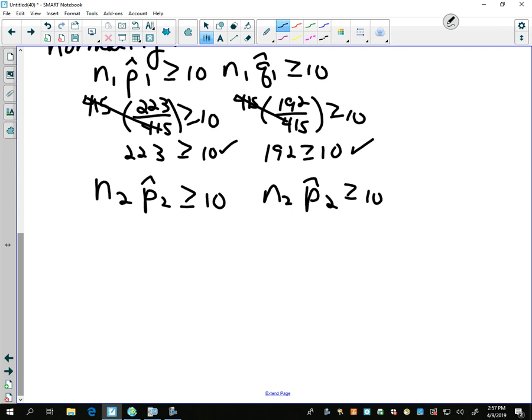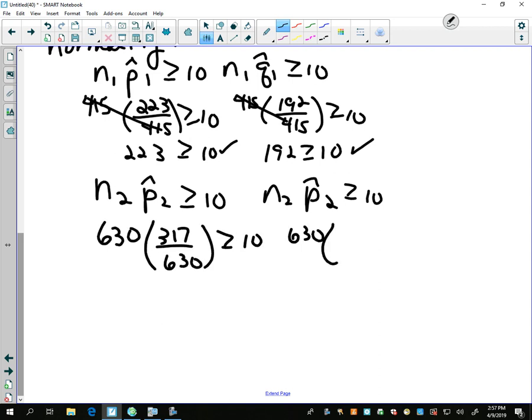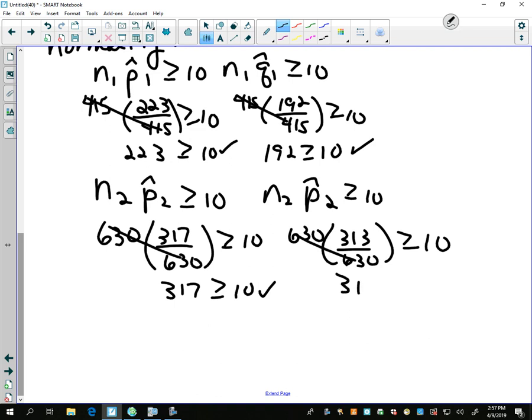So that sample size was 630, and that p hat was 317 over 630. That equals 317, and 313. And we can see both of the normality conditions check out.